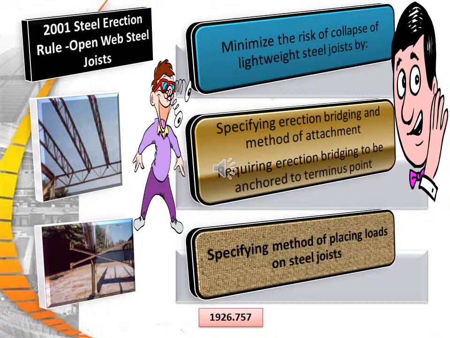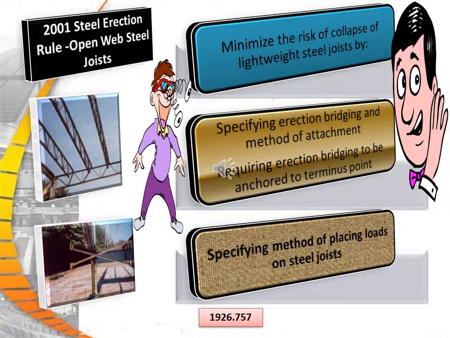The open web steel joist section of the standard talks about minimizing the risk of collapse of lightweight steel joists by specifying erection bridging and method of attachment, and requiring erection bridging to be anchored to the terminus point, as well as specifying the method of placing loads on steel joists.